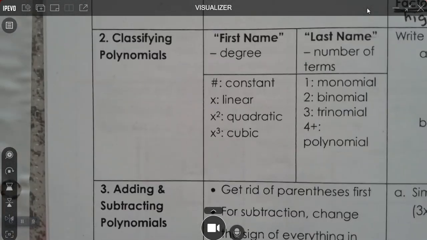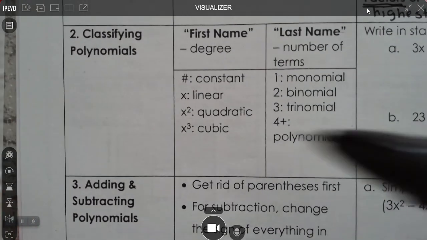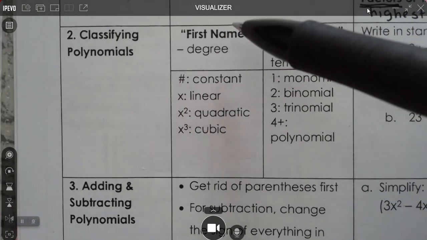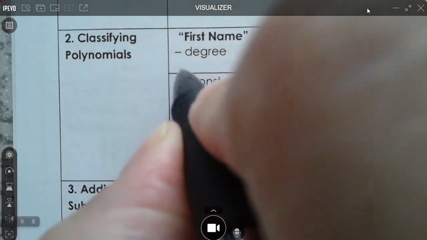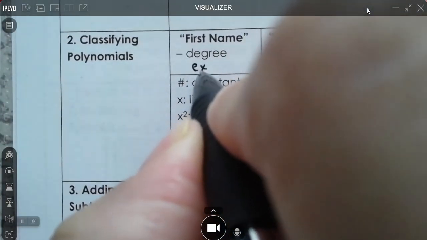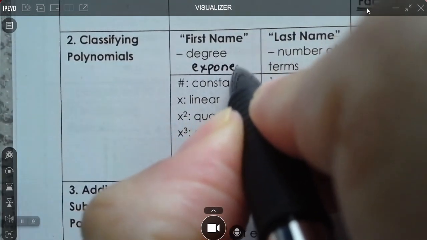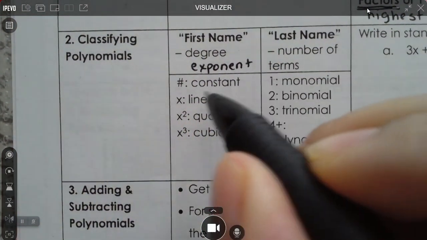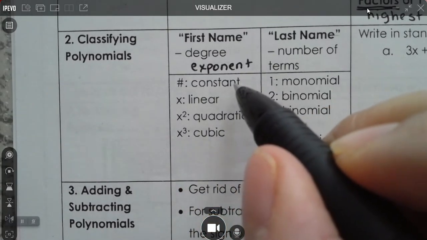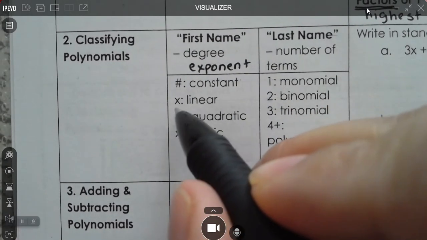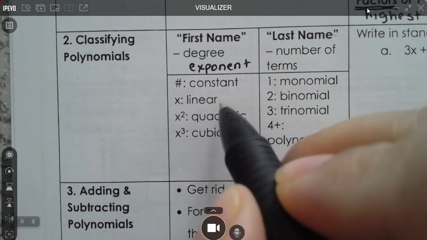All right, classifying polynomials. In order to classify polynomials, the first thing is you need to be able to classify them by the degree. That's the highest exponent. If it's just a number, which means no variable, it's a constant. If your variable is raised to the first power, it's linear.